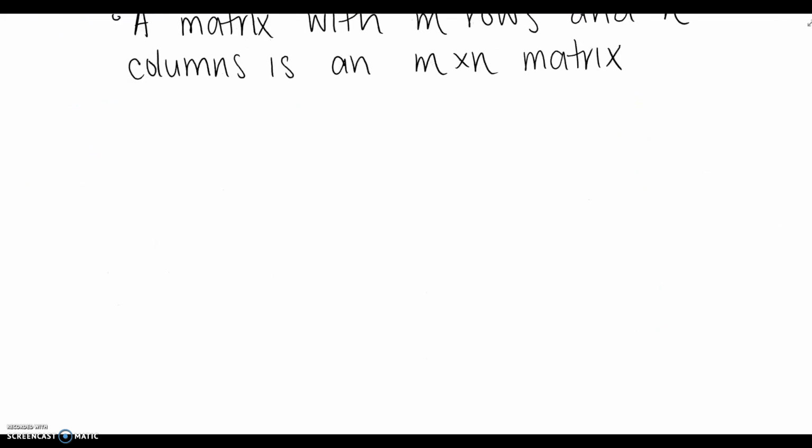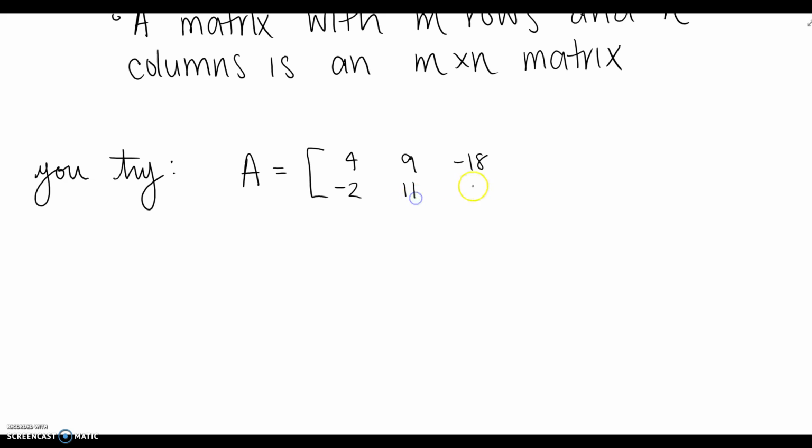Alright, let's do an example. Actually, let's do a U-try. I feel like this is enough for you guys to be able to do it on your own. So given this matrix, A equals 4, 9, negative 18, negative 2, 11, 3. So, two things.